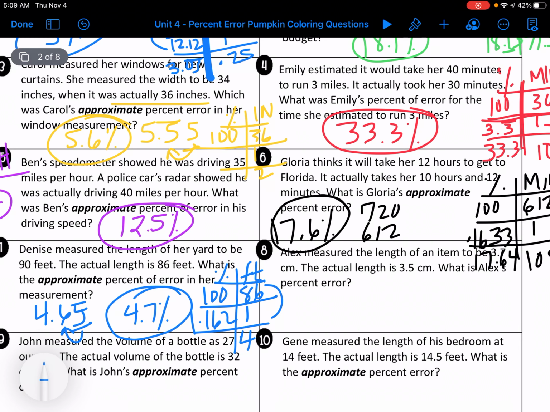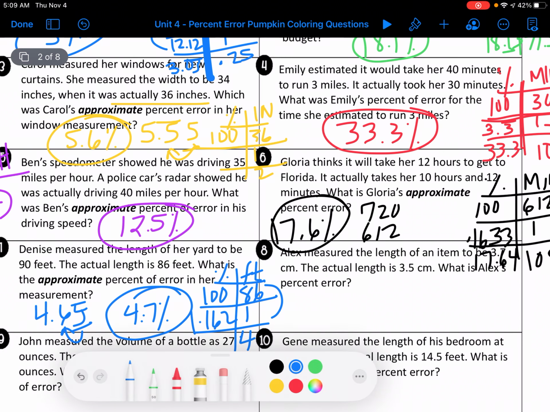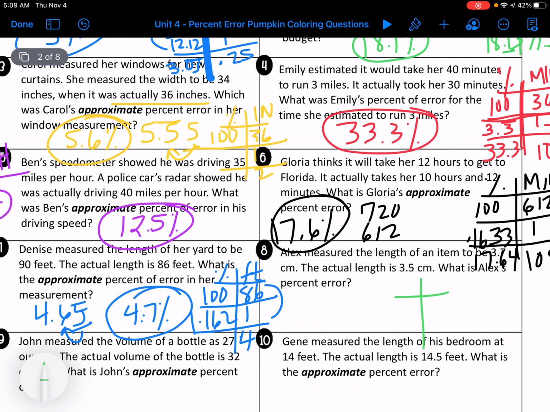Alex measured the length of an item to be 3.7 centimeters. It was actually 3.5 centimeters. So the actual is 3.5. She was off by 0.2 of a centimeter.